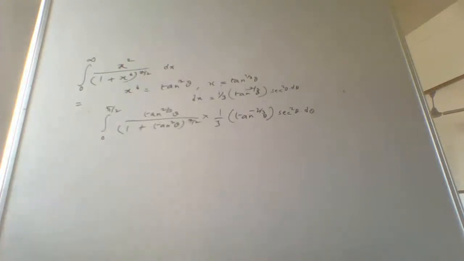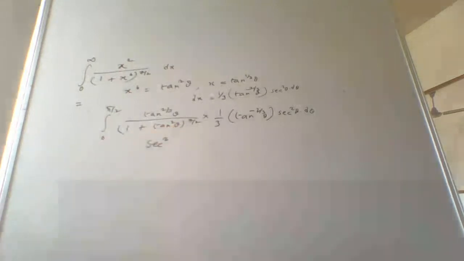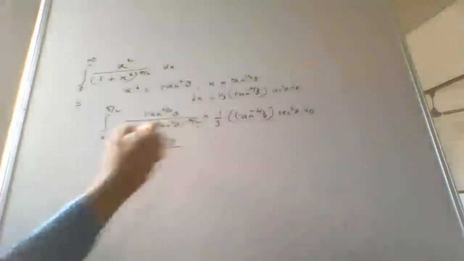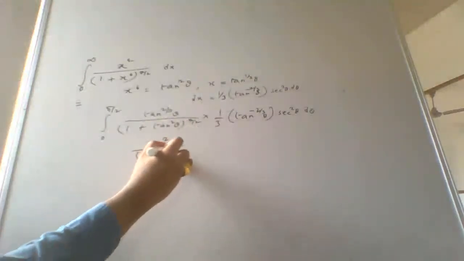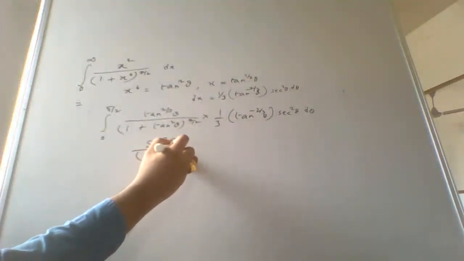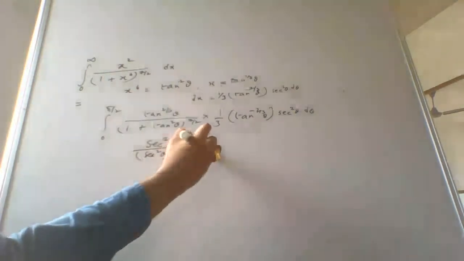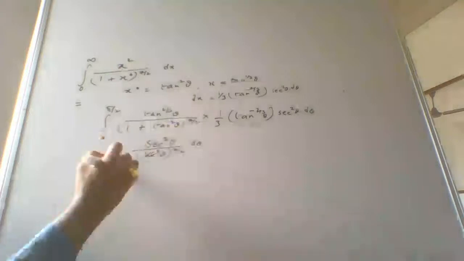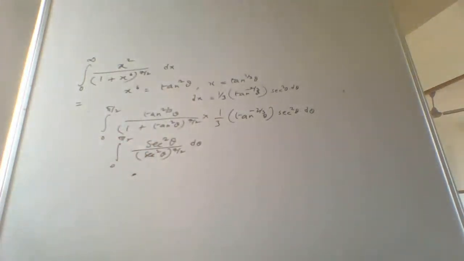So I'll be having only secant square theta divided by secant square theta to the power 7 by 2, d theta, 0 to pi by 2.